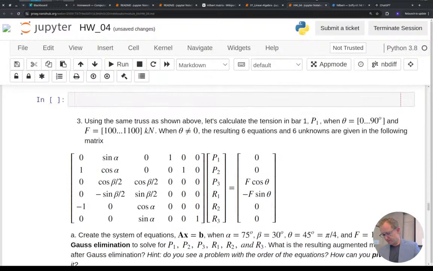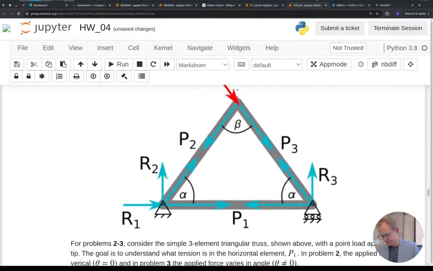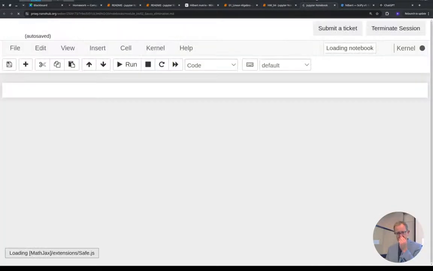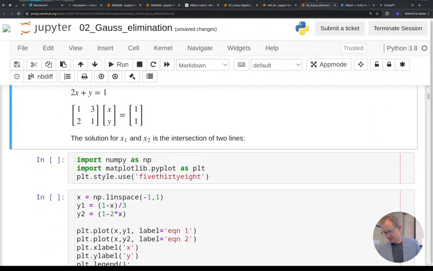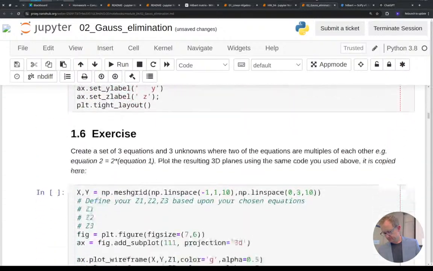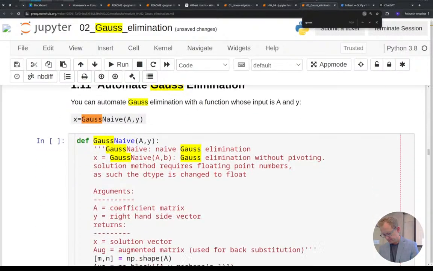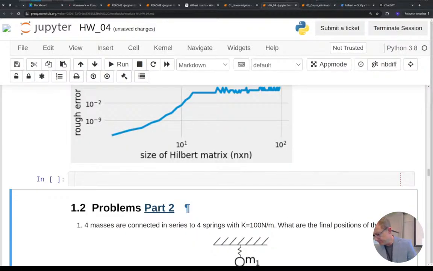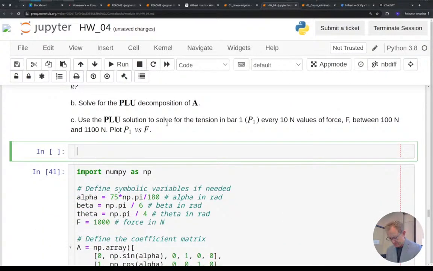But here we're supposed to use the Gauss elimination in this step, which we can find in that part 2 reading. I already imported NumPy.